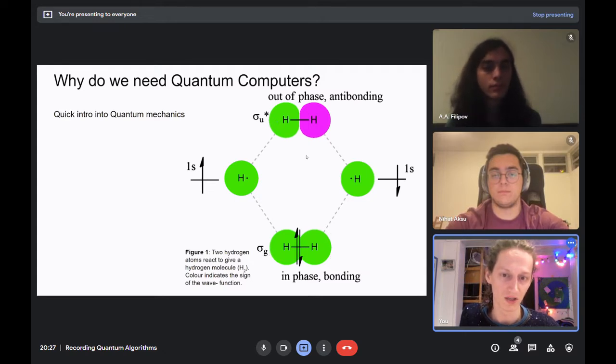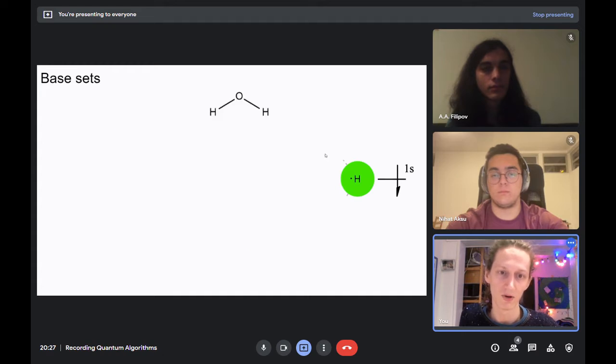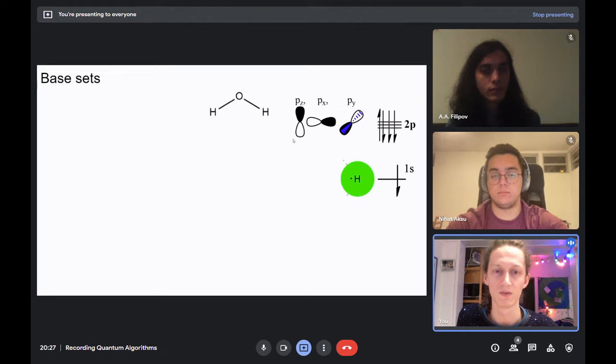Well, for hydrogen, it's a very simple equation, but for something more complicated, like a water molecule, we have to consider more orbitals. For example, the oxygen atom has also p orbitals, and since it's oxygen, we need to include the 4 electrons in the 2p orbital.